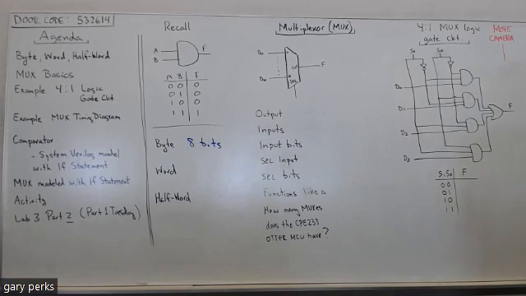Quite often a word will equal the number of bits that most registers hold. We're going to learn about what a register is later on in the quarter. But in most cases, a word is the number of bits that can be stored in most registers of a microprocessor.